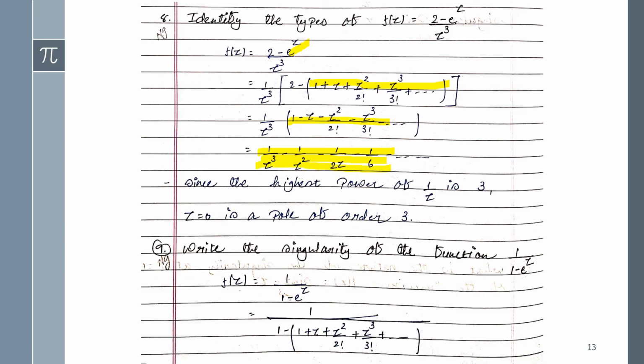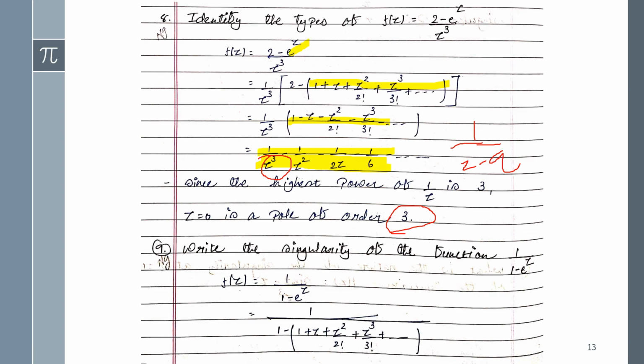In this series, as I said, you have to find the highest power of 1 upon z minus a, and that is given here as 3. So that will be a pole of order 3.